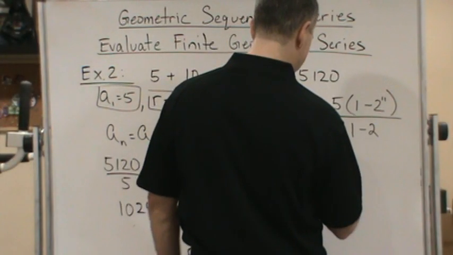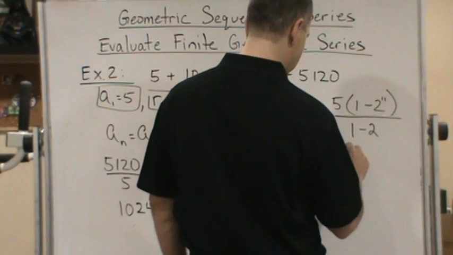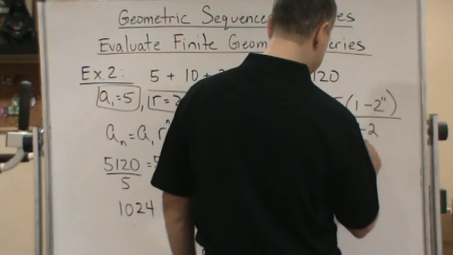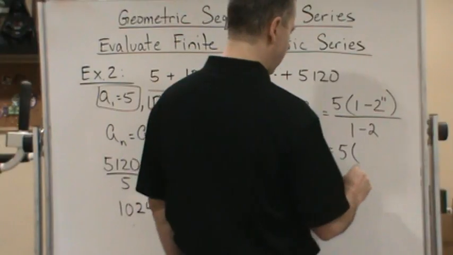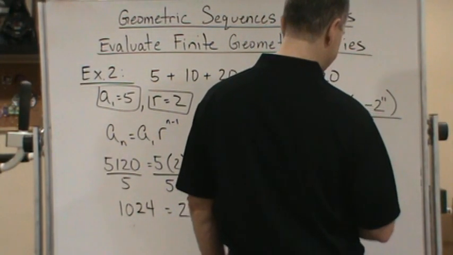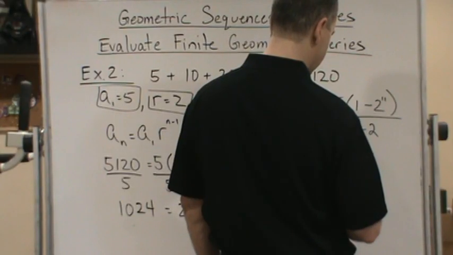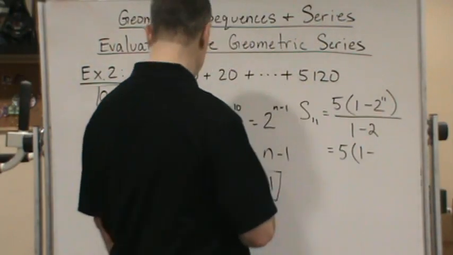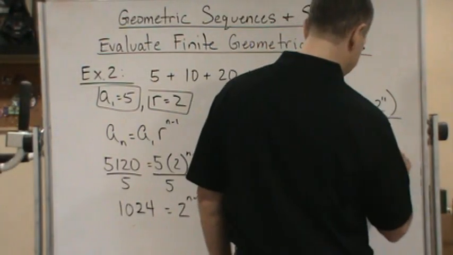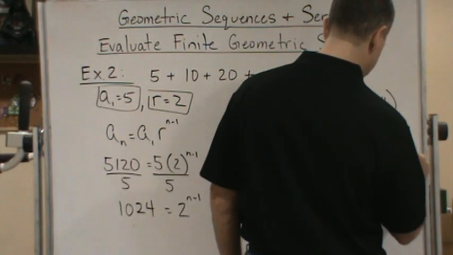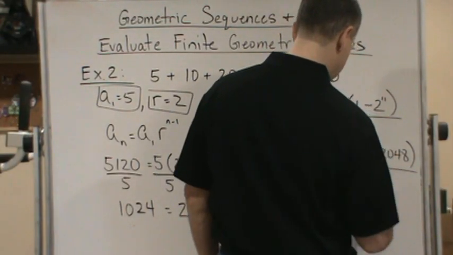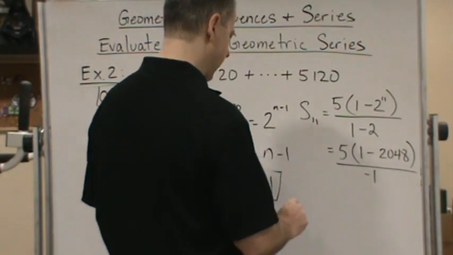And so what do we get? We get 5 times 1 minus 2048 over negative 1.